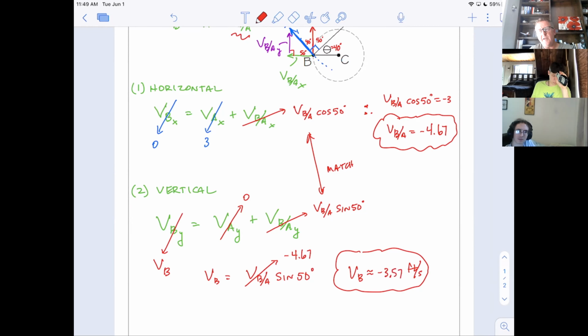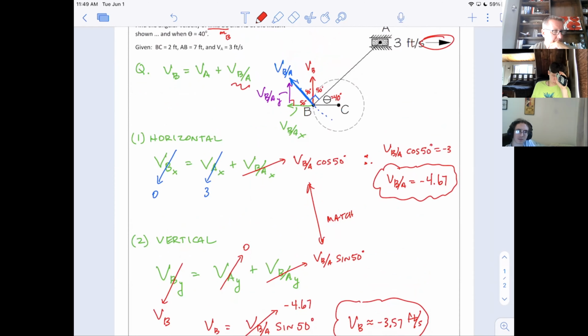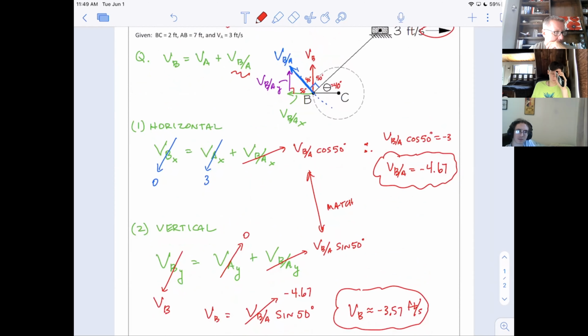Generally, when I get a negative sign, I think that means I chose the direction wrong. Well, in this case, we pretty clearly know how it's going. So I'm pondering that still, because velocity of B is clearly straight up.